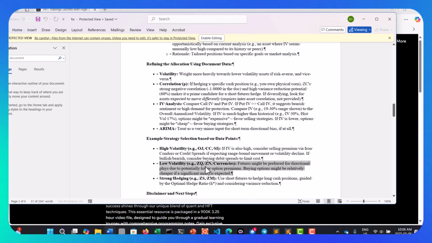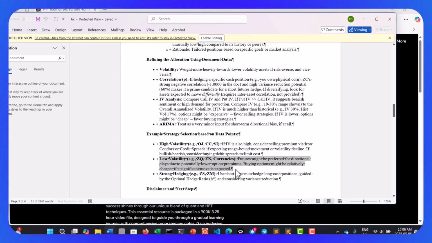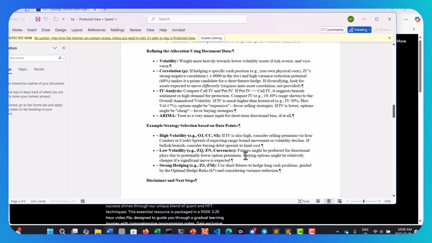where futures might be preferred for directional plays due to potentially lower option premium. Buying options might be relatively cheaper if a significant move is expected. So again, it's telling you whether you should buy or sell options.